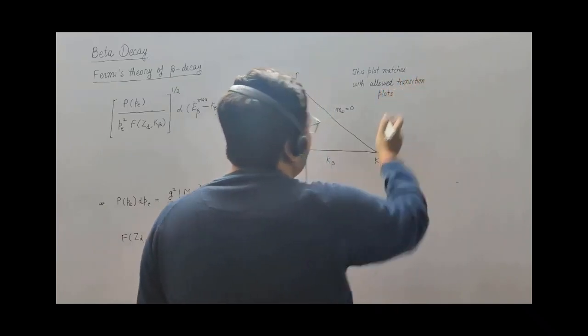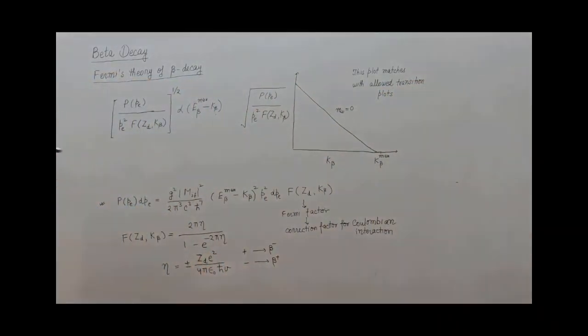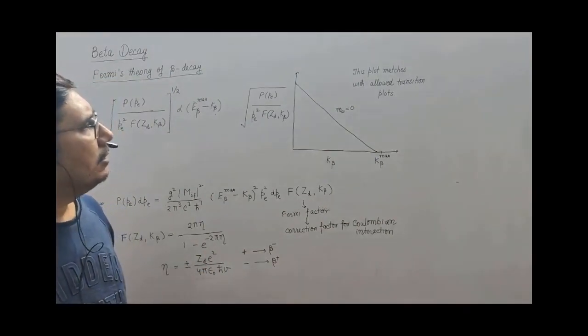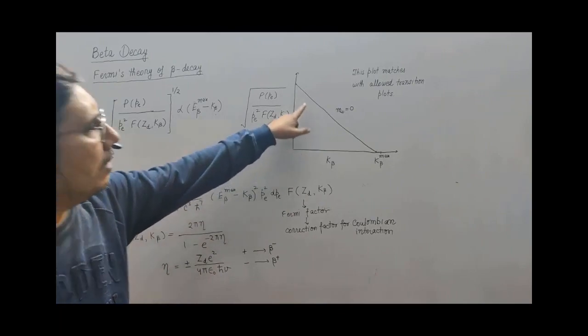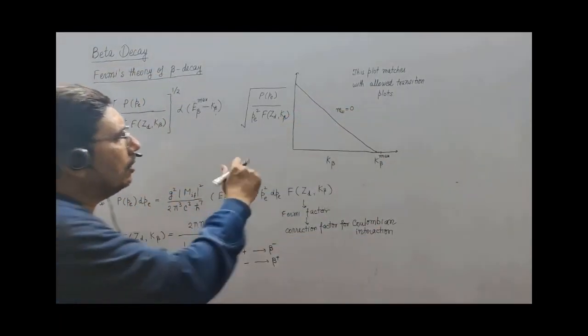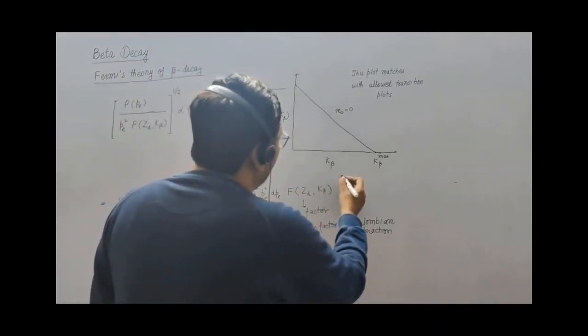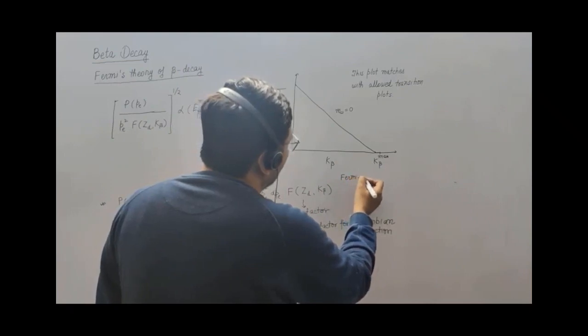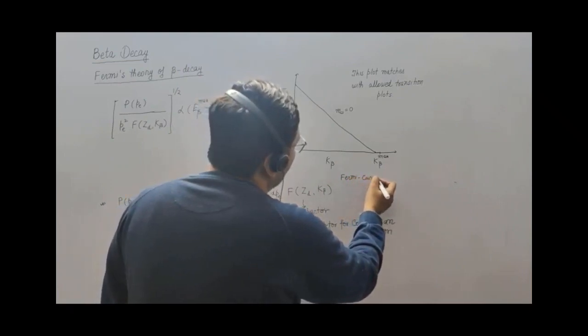Basically in beta transitions, there are two types of transition: one is known as allowed transition, another is known as forbidden transition. We will discuss these things later on, but this type of plot was exactly matching for allowed transitions, and this plot is known as the Fermi-Curie plot.